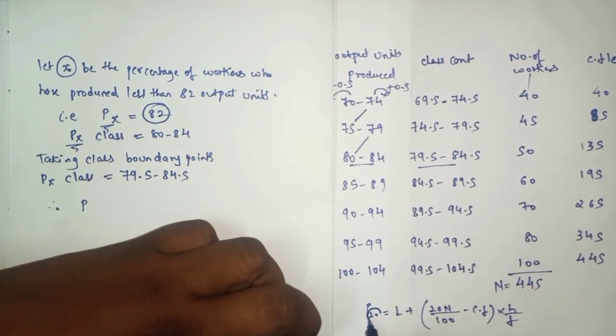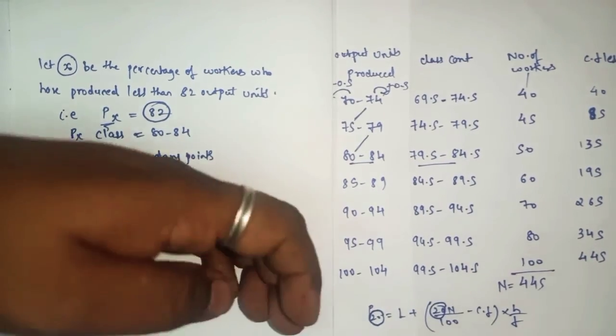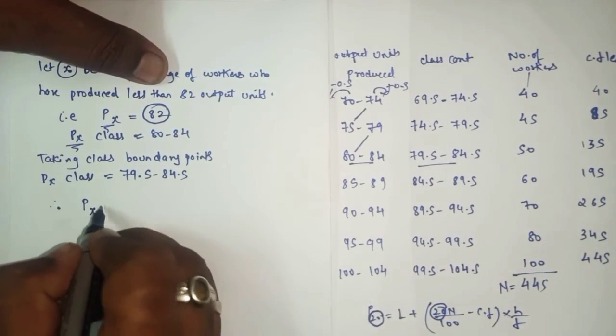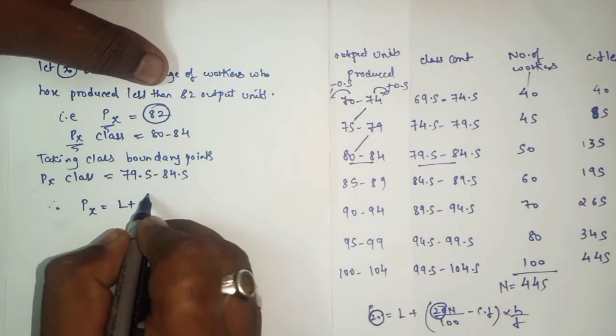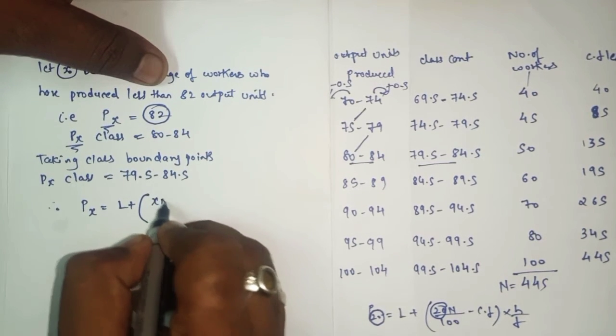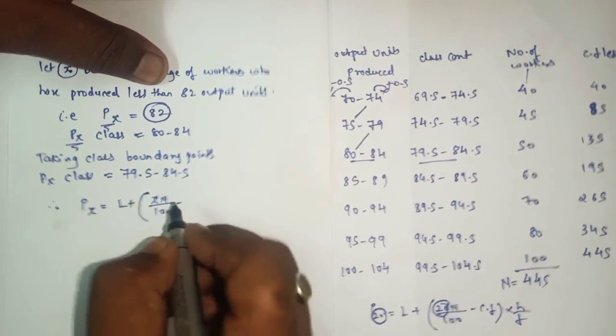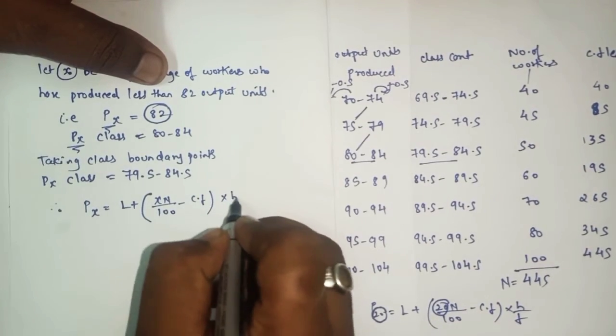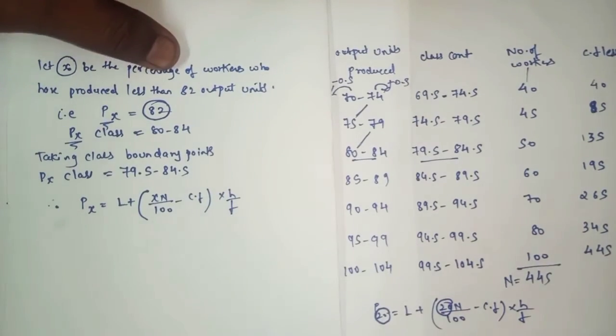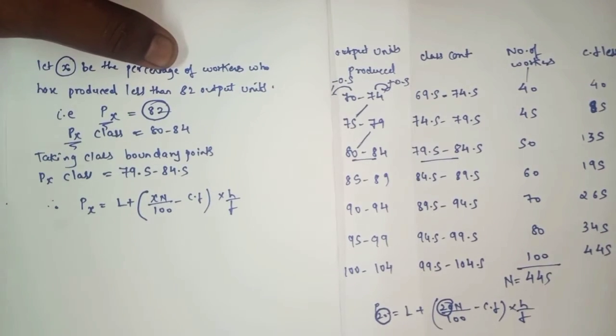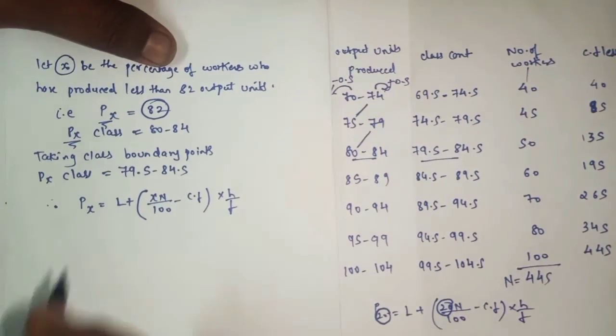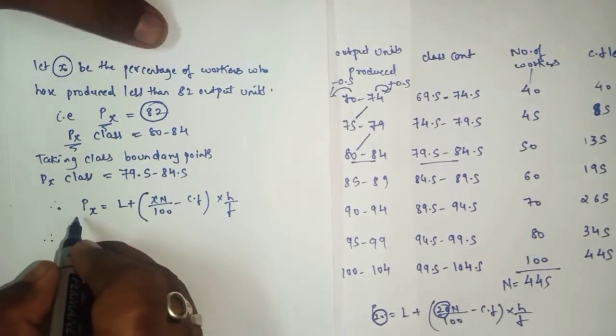But here we don't know this percentile, so this will be X: L + (XN/100 - CF) × H/F. Understood?